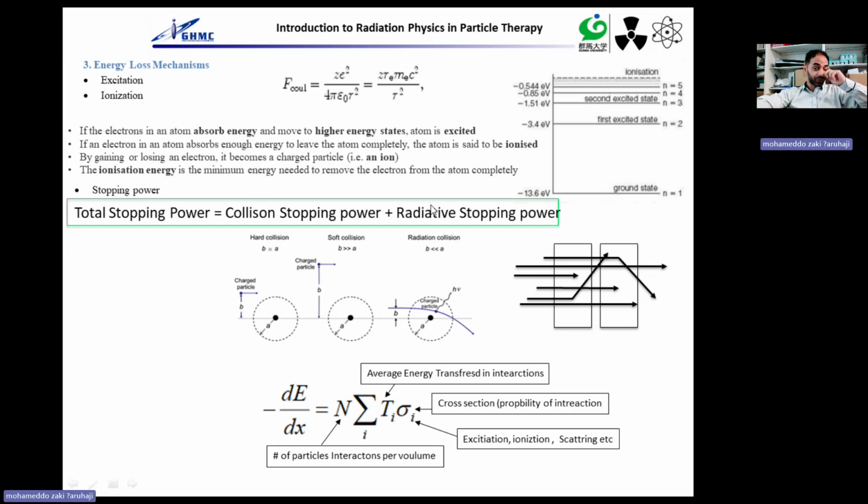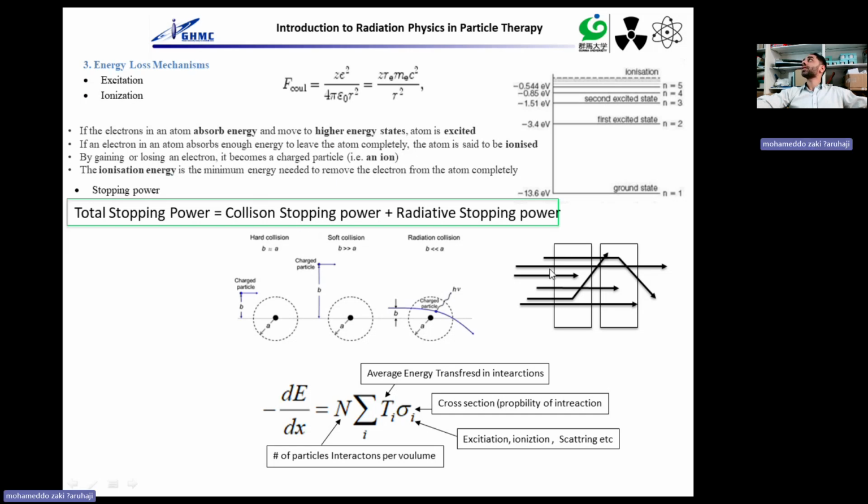Now, when a particle is moving inside a material, things matter. What is the Z number of this material? It means the atomic number of this material is responsible for causing more or less collision.